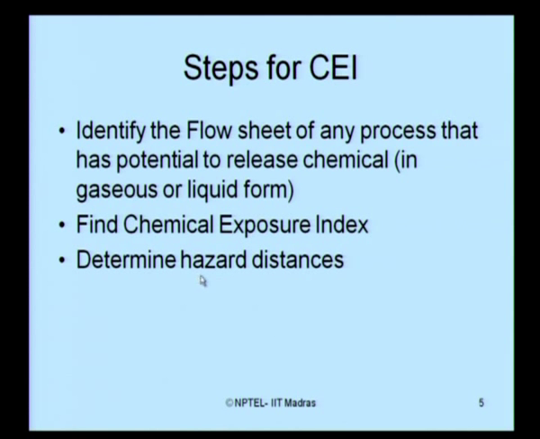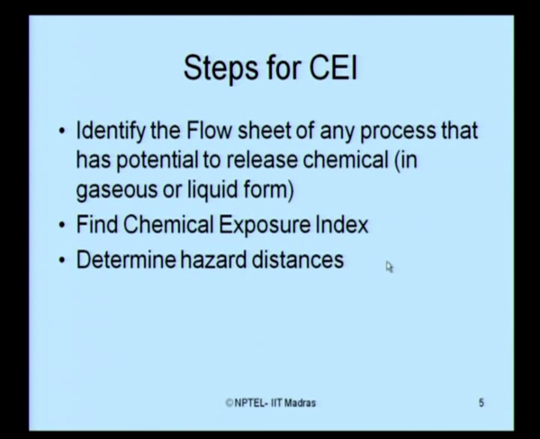I think you can get a clue from this terminology itself. I am trying to work out what I call a safe distance beyond which the public should live with respect to the chemical industry, which potentially has a release of chemicals hazardous to the public.